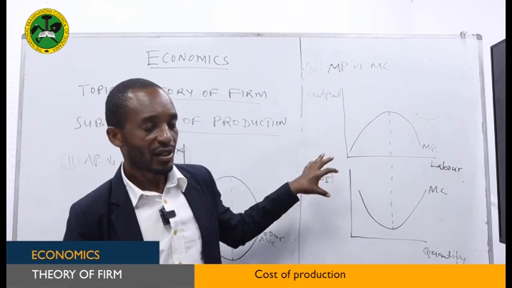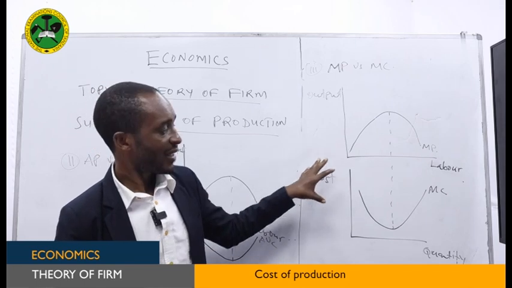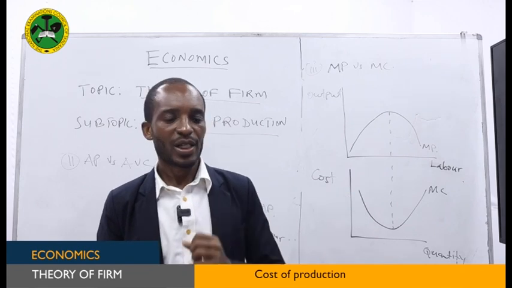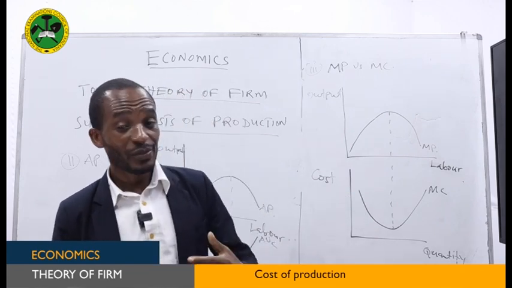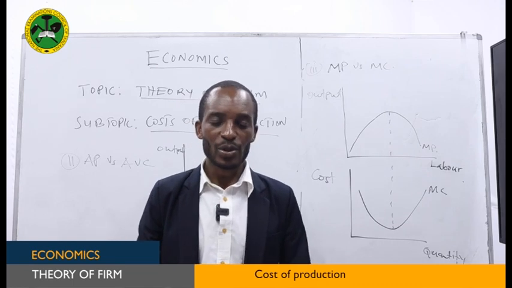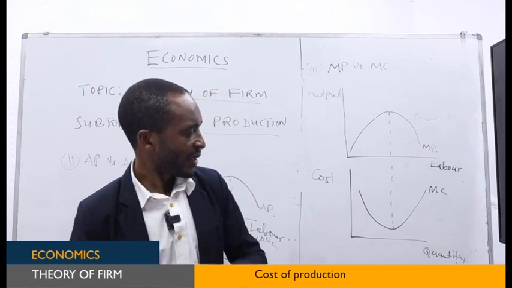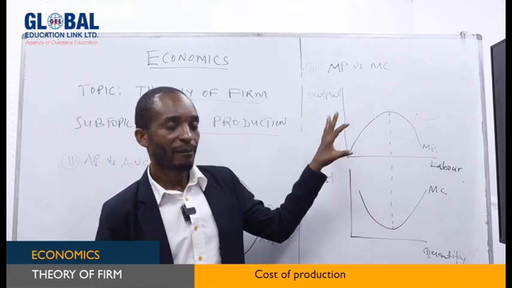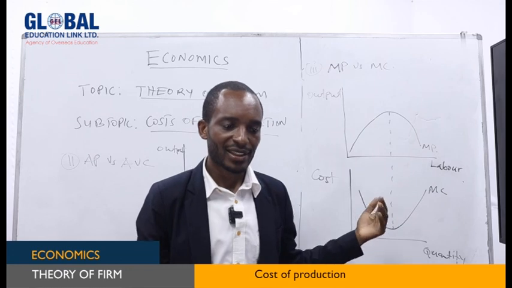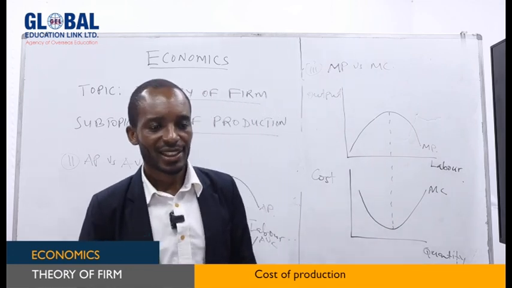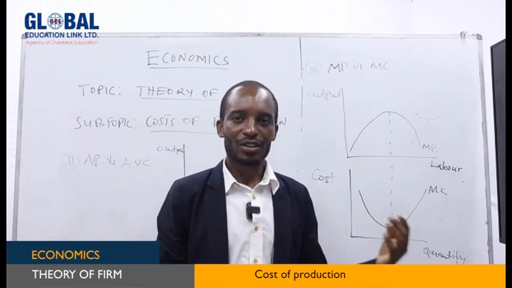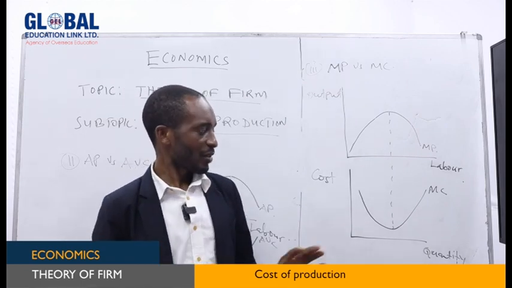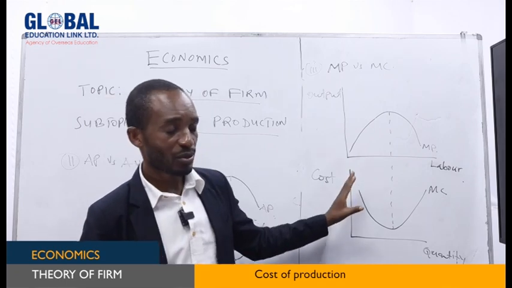Make sure that you have knowledge of this analysis of cost curves and production curves, since in order to make any decision as a producer or a businessman, you need knowledge of marginal product, marginal cost, average product, average cost, total product, total cost, or average total cost. So it is very, very important in order to make decisions.